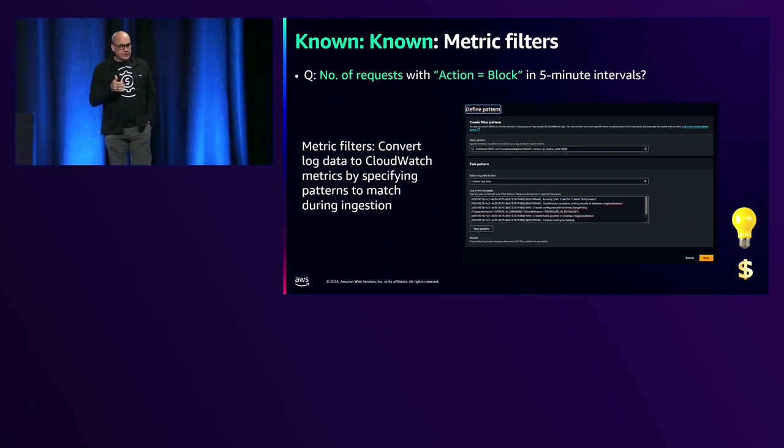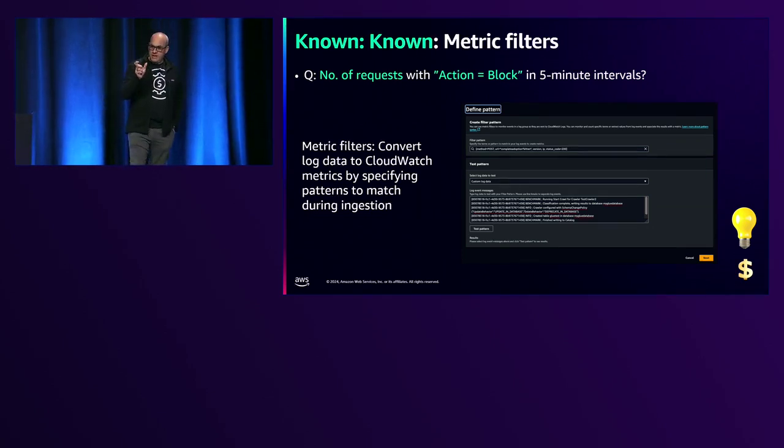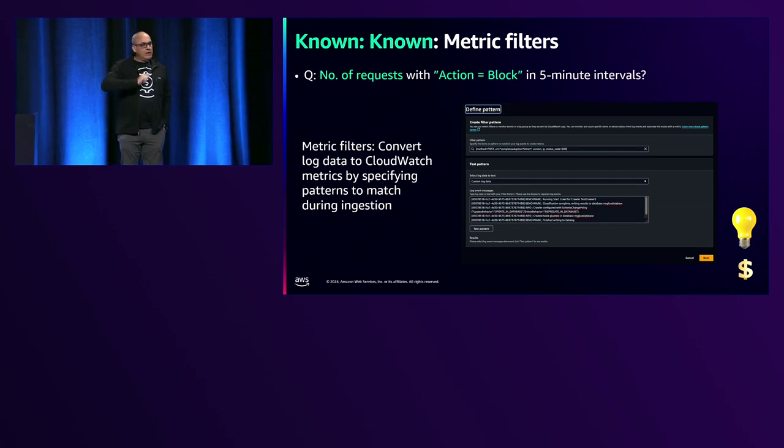So what metric filters does is that you have your log group, and you're receiving all that data there. You can define a filter that would capture a specific value in that log, and it will create a metric for it. So think about the problem that we're tackling. Action equals block. So I can create a filter that whenever that criteria is met, I can go put a data point and a metric value.